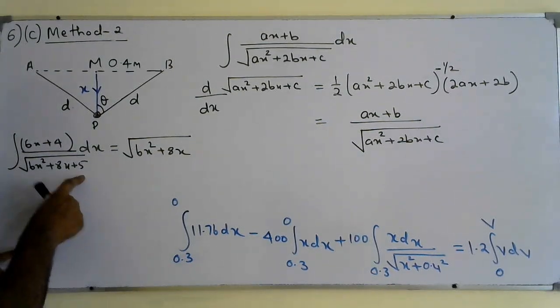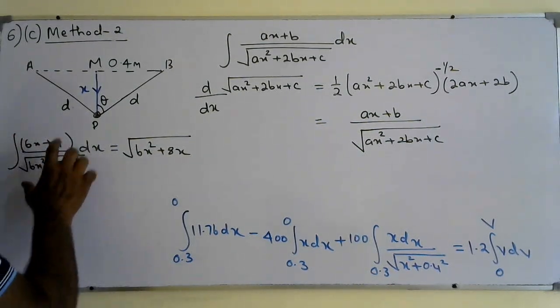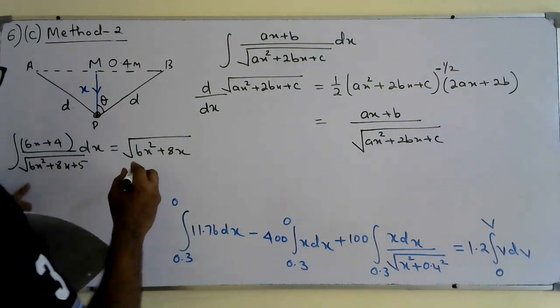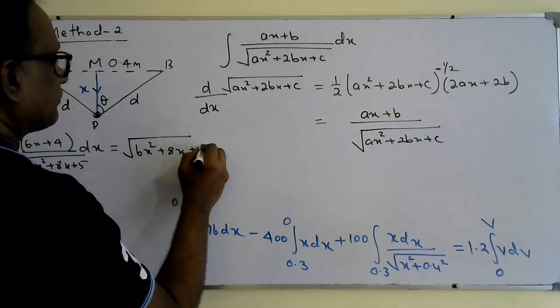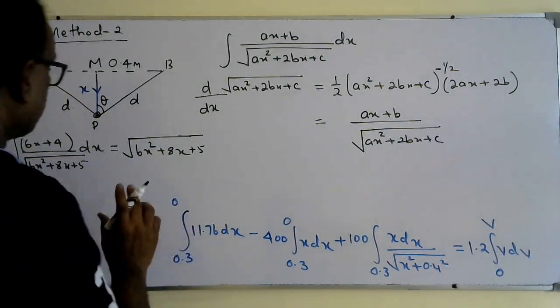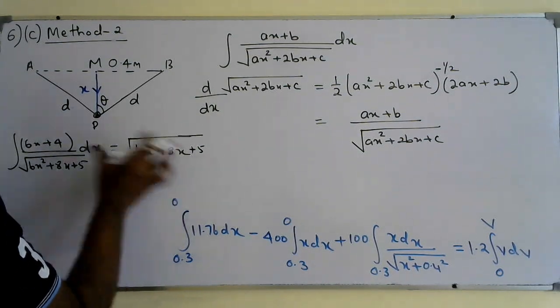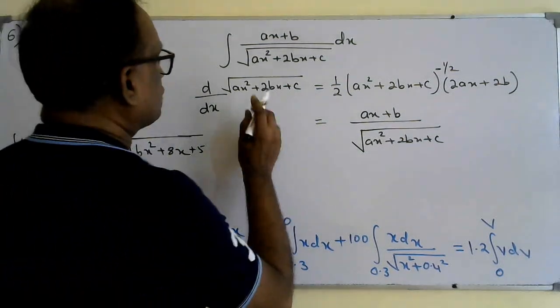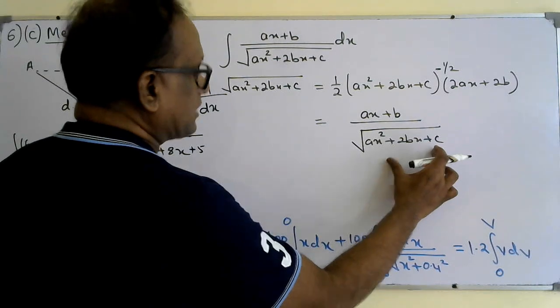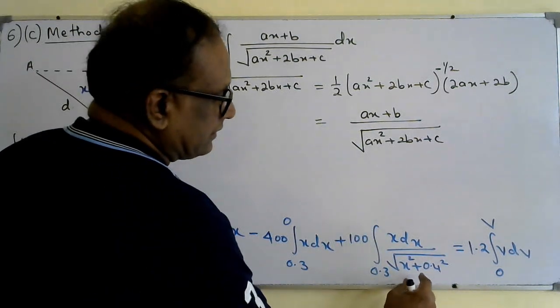Here 6x squared plus 8x, numerator 6x plus 4. So this integration you can directly write as the square root of 6x squared plus 8x plus 5. It's a standard rule, because when you differentiate this one, you will get this one. Same way, you can see the pattern.